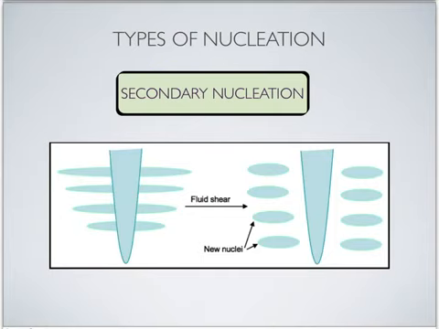For example, during agitation in the crystallization vessel, sufficient fluid shear may cause small surface irregularities on the crystal to be sheared off and dispersed into the solution, and they will now serve as new nucleating sites where they will grow further to become stable nuclei.